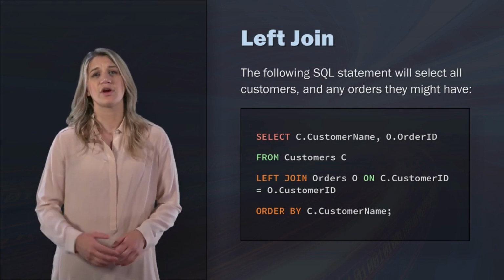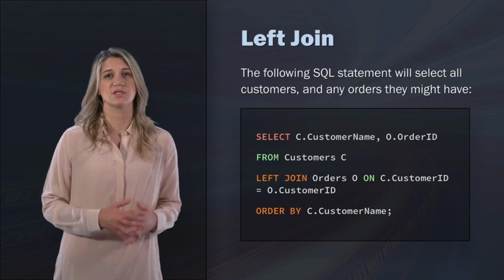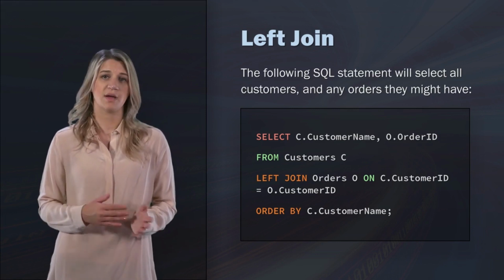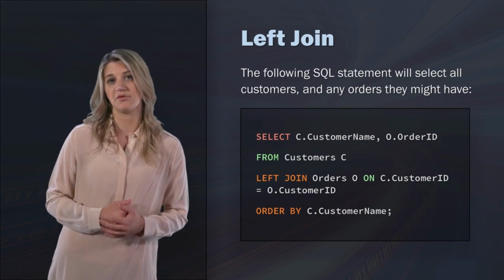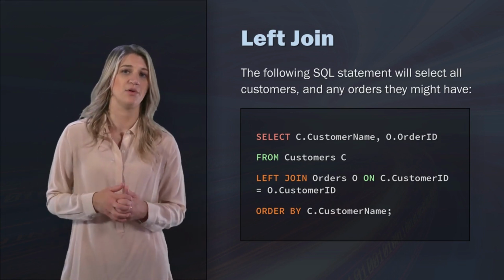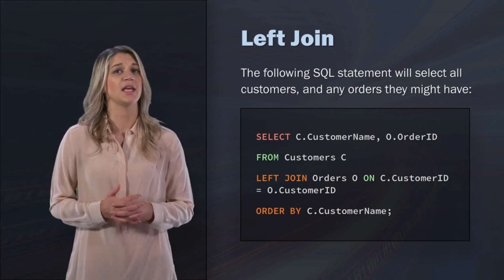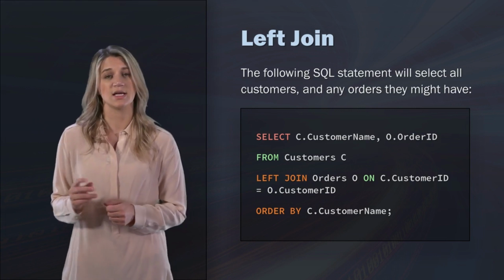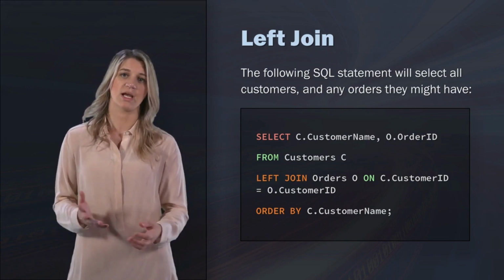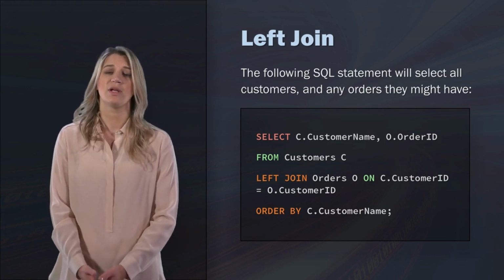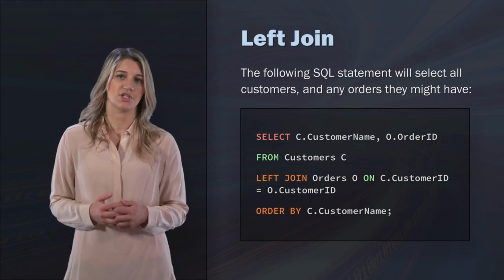So we just want our company name from the customers and the order ID, and then we'll say from customers, which we're pre-qualifying as C, we're going to do a left join to the orders table, which is O, and then again our link is on C.customerID equals O.customerID. So this is really what's pulling it together.